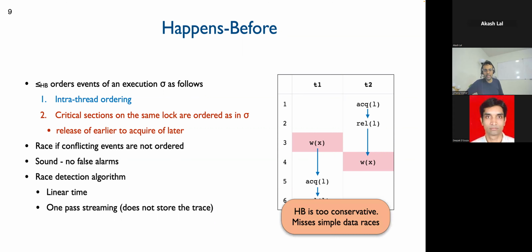So basically, the bottom line is that HB is too conservative, and it misses simple data races, even though there are many good things about HB, especially its soundness and its efficient algorithm, and that's what we want to tackle. I'm going to talk about it in a little while after a 30-second pause, maybe.